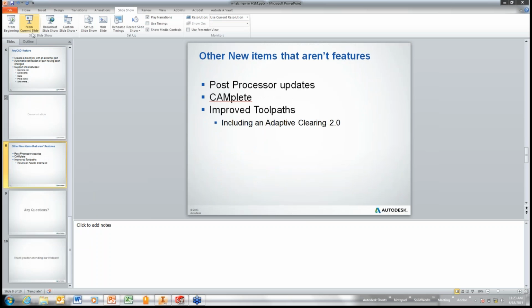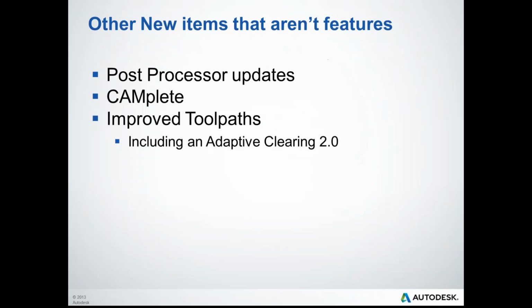So some other features that are new to the 2016 release. There's been some updated post-processors: Haas mill turns, Pocket NC are some of them. Another one is CAMplete, which if you don't know, is a machine simulation software.